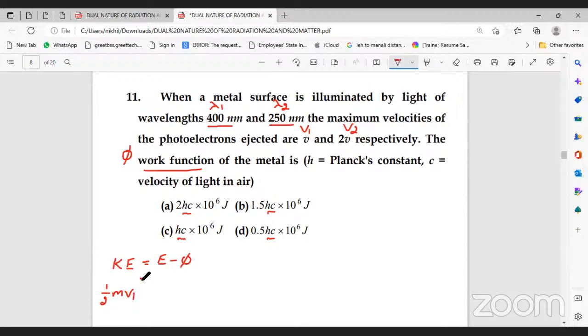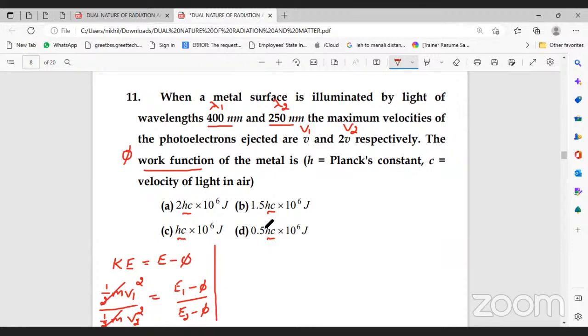Half m v1 squared equals E1 minus phi, and half m v2 squared equals E2 minus phi. Half m gets cancelled.